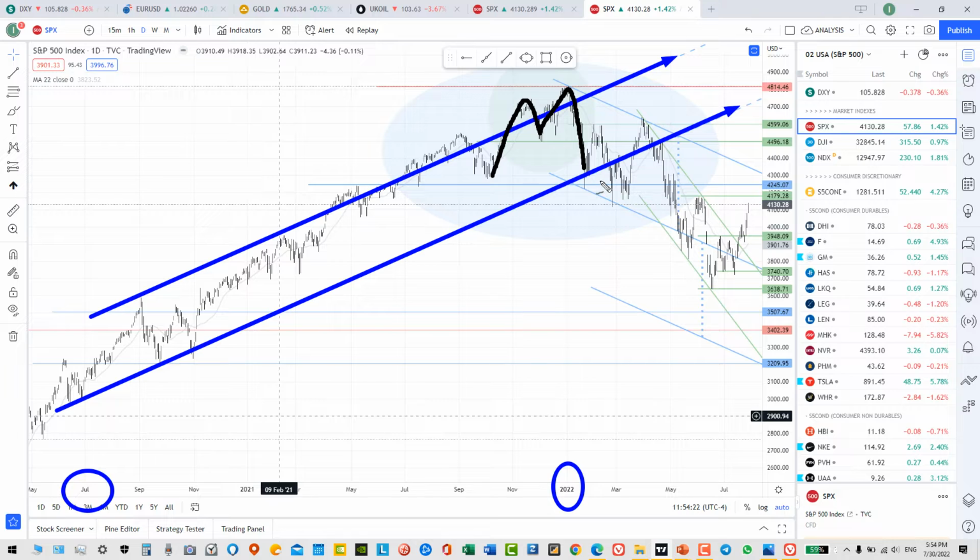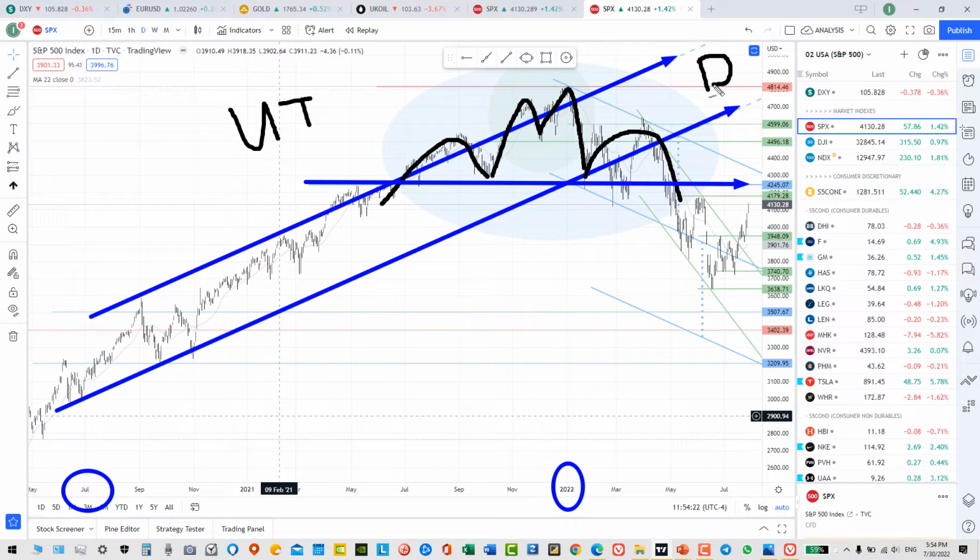But at the same time, there was a bigger head and shoulders being made over the weekly chart, which caused the whole trend to get into a bigger problem, and a reversal took place from an uptrend to a classical and valid downtrend.